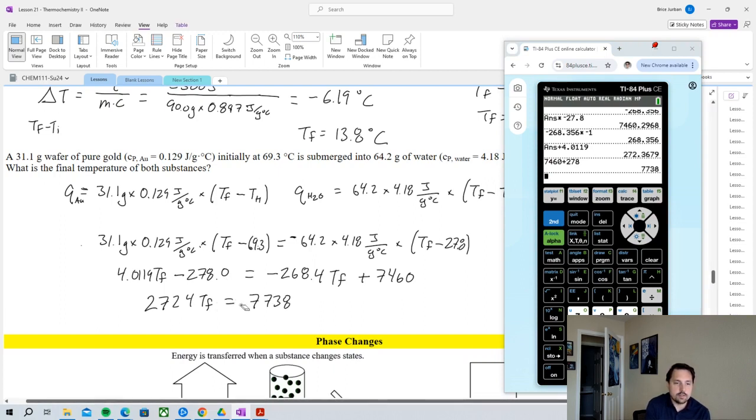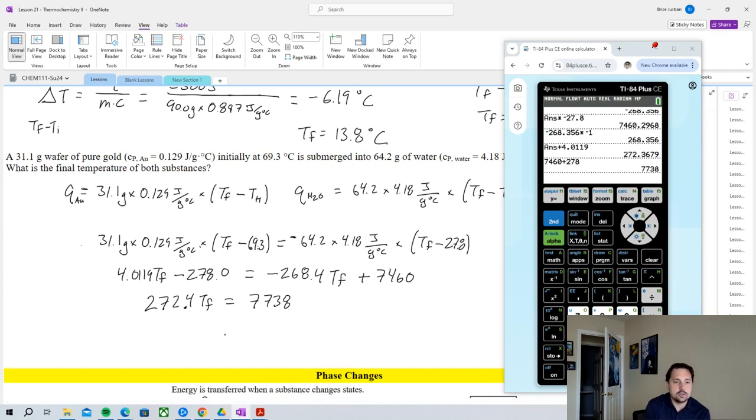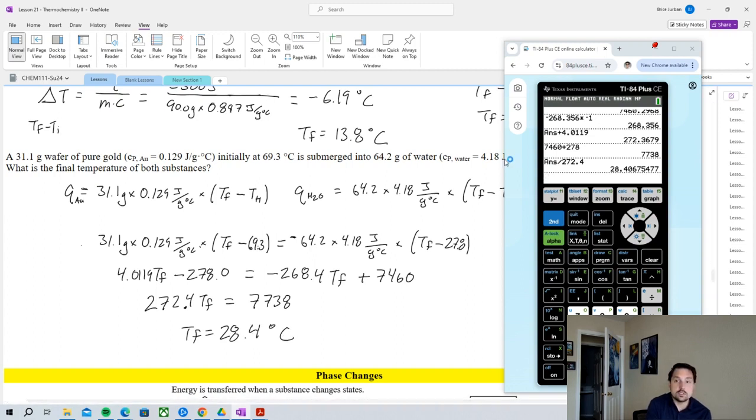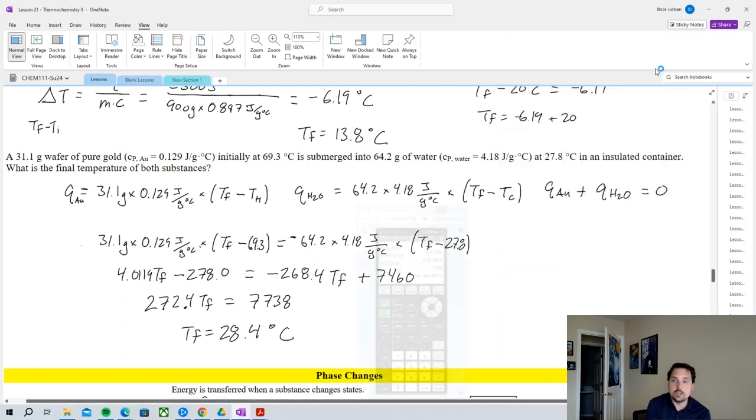And we know that the final temperature has to be between the two. And we know that the final temperature is probably going to be closer to the initial temperature of the water, because the water is going to resist the change in temperature more than the gold is. And we find that the TF is 28.4 degrees Celsius, which is indeed very close to that initial temperature, but it's more.